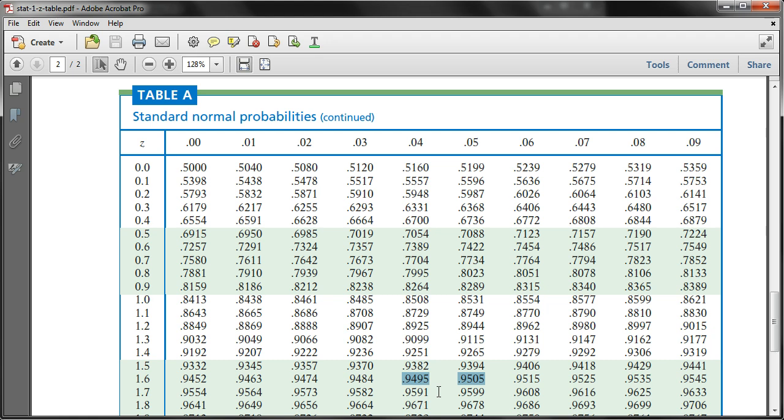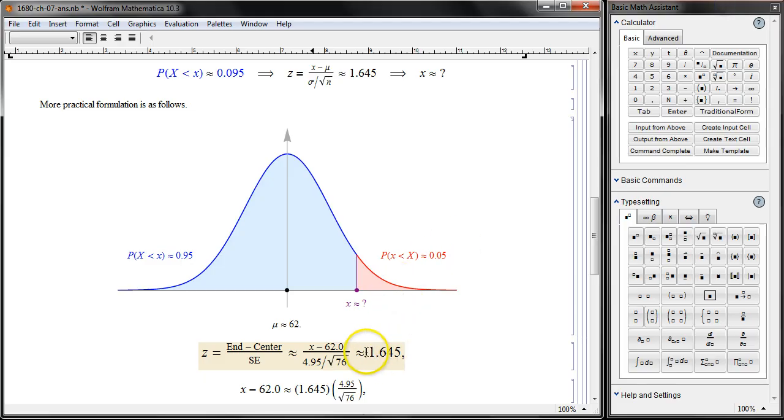So 1.64 and 1.65. The real 95% must be somewhere in the middle. So let me estimate it as 1.645. Not 1.64, not 1.65, but in the middle, 1.645. That's how I got this right-hand side.